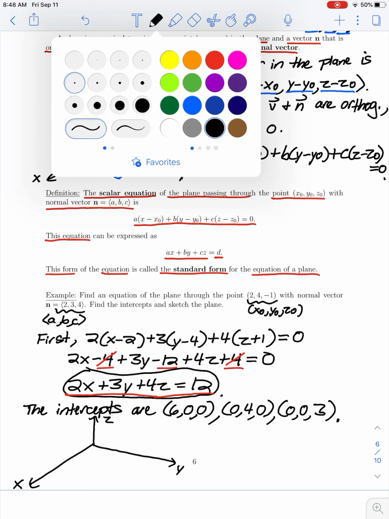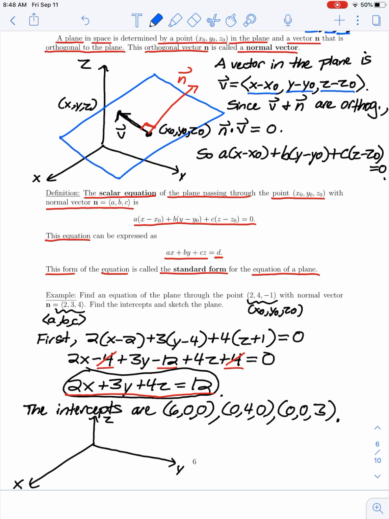And we found that the x-intercept was 6, 0, 0. Our y-intercept was 0, 4, 0, so it doesn't intersect along the y-axis quite as far out as it did along the x-axis. And then for our z-axis, we had an intercept of 3.